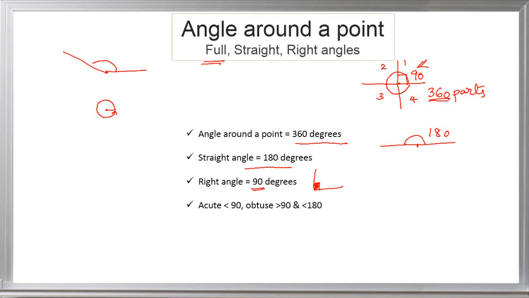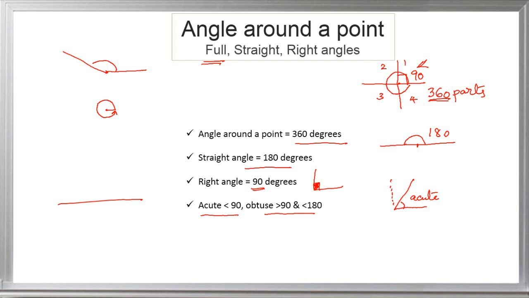Anything less than this, let's say this angle, if this was 90, this is lesser than 90, so it is called an acute angle. It's smaller than 90. What if it is between 90 and 180?